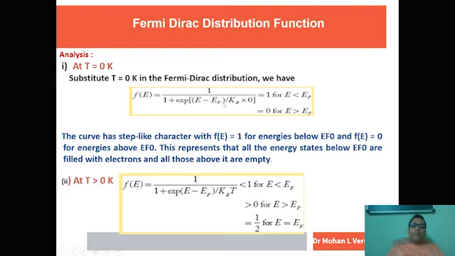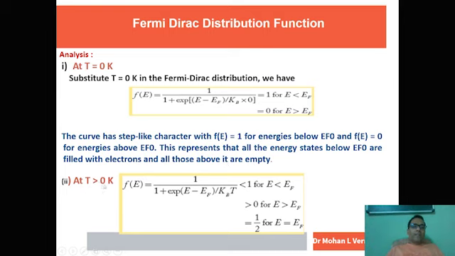So we have that step-like curve for T equal to 0 because of this. The curve has a step-like characteristic, with f equal to 1 for energy below EF and f equal to 0 for energy above it. This represents that all the energy states below the Fermi energy level are filled, whereas those above are empty.